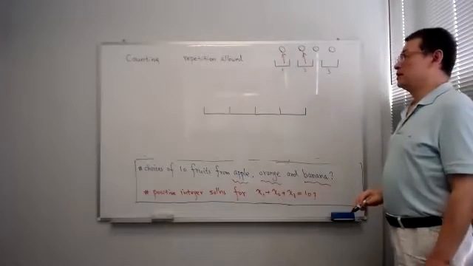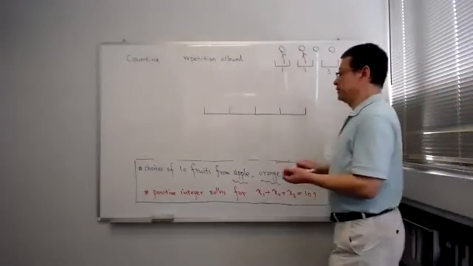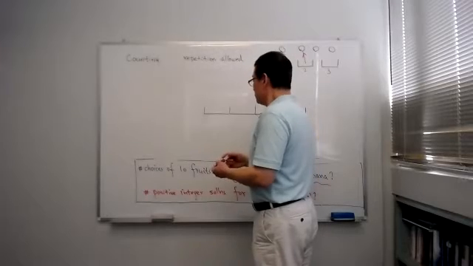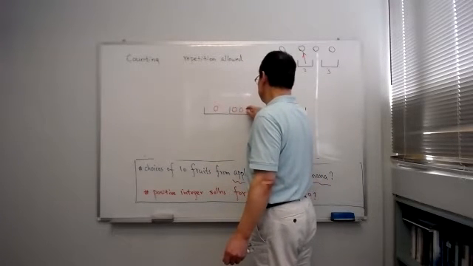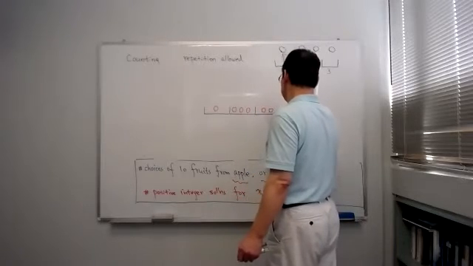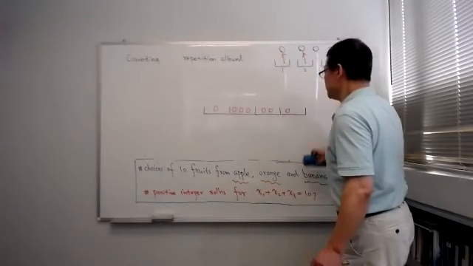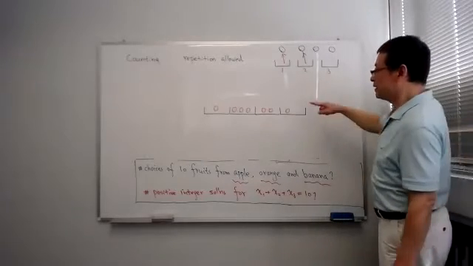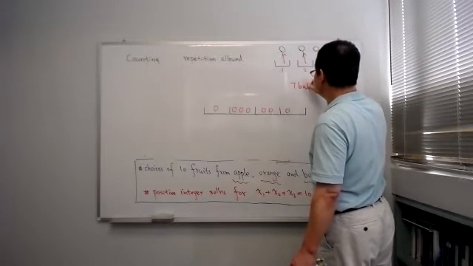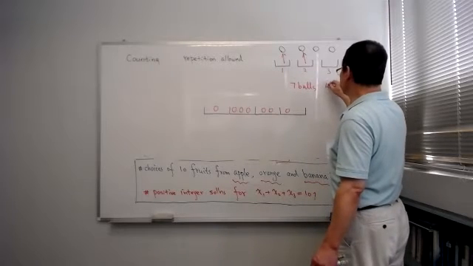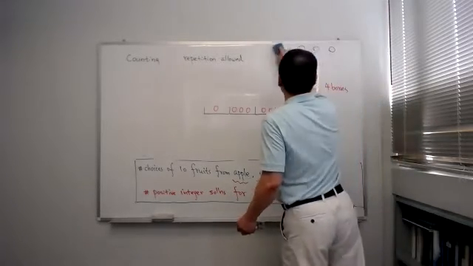Now these balls will be put inside. For convenience, perhaps we could line it up. So that's one possible solution. Let's say 7 balls and 4 boxes.